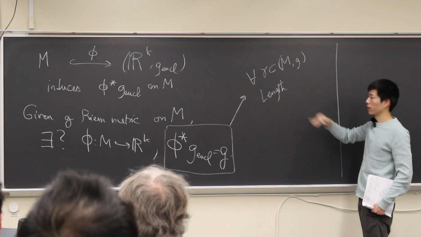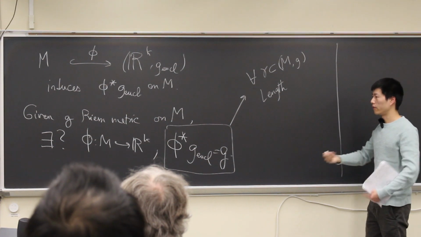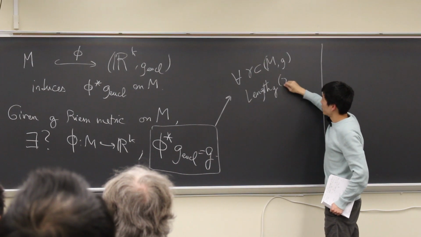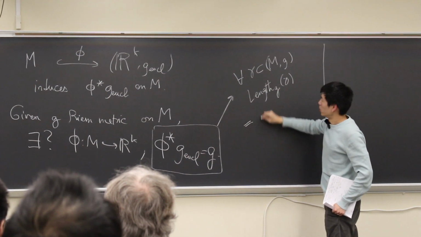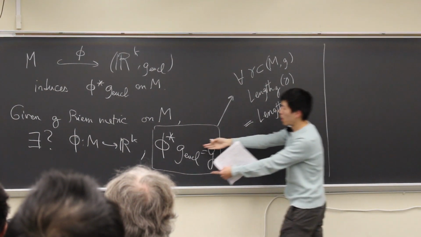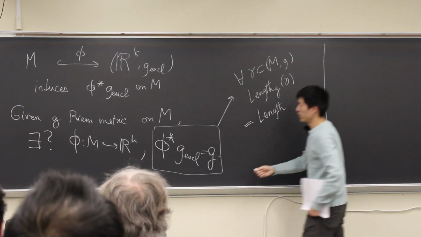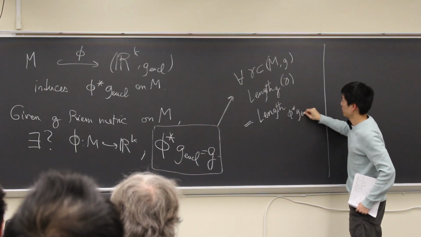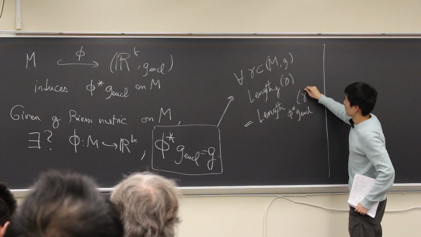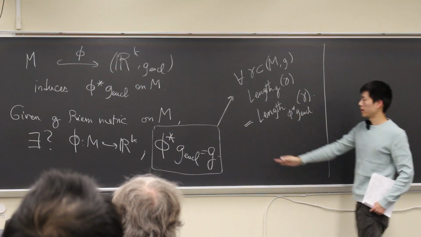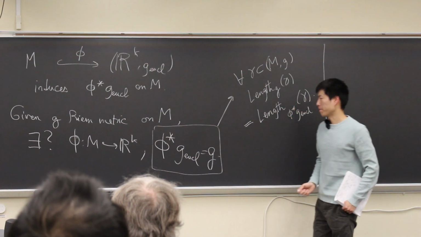Remember that this Riemannian metric enables you to measure length, volumes, curvature. So the length of this curve is going to be equal to the length that you can measure using this embedding. So for any curve, you have this. Basically, this is what this equality is saying.